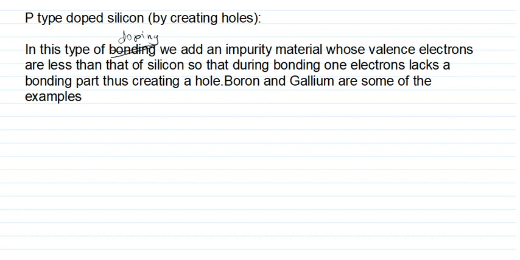So that during bonding, the 3 from the boron will bond covalently with 3 from the silicon, but a hole will be left because the other one from silicon will have no bonding partner. You understand? From the boron, because the boron only has 3 valence electrons. Moving on.